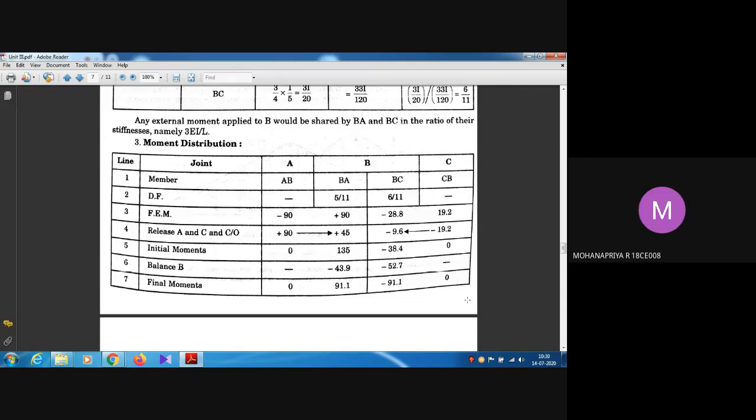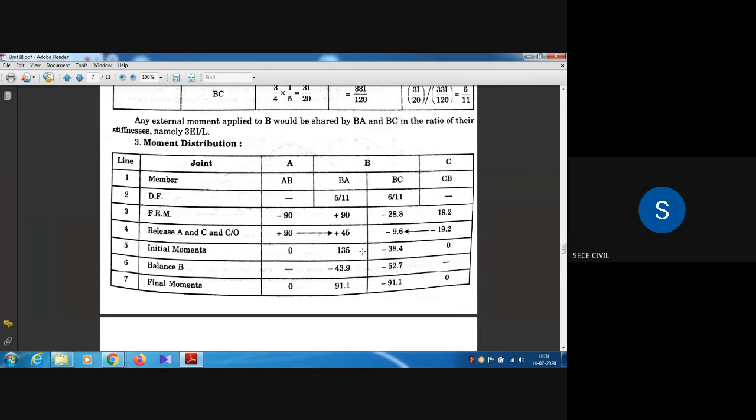96.6, sir. 135 minus 38.4, we are getting plus 96.6. Please all of you note down this value, plus 96.6.